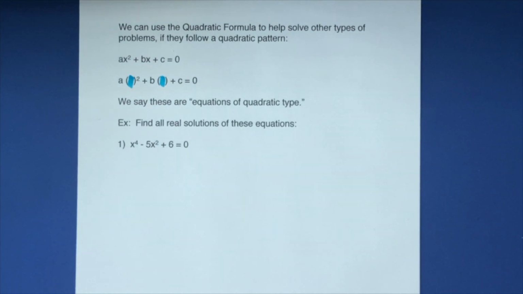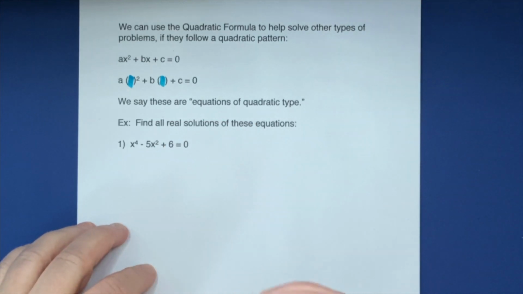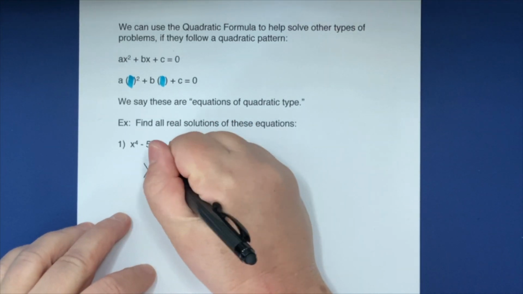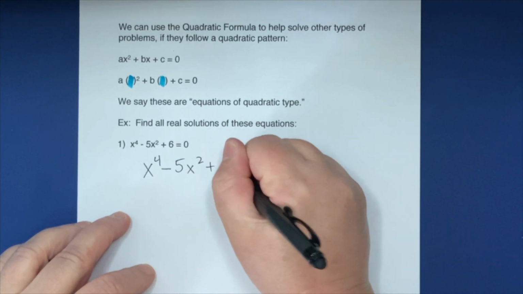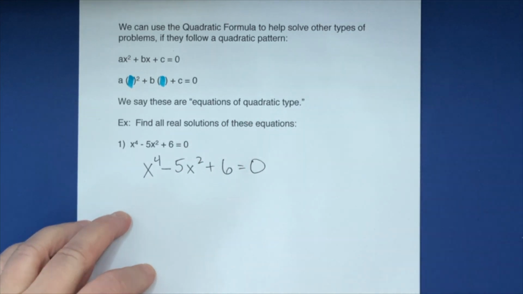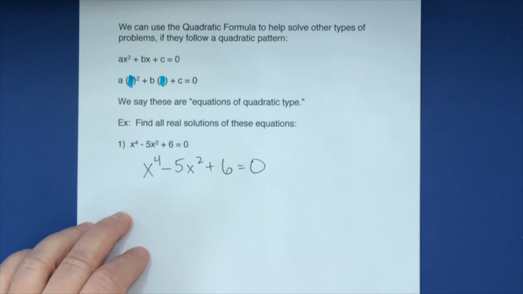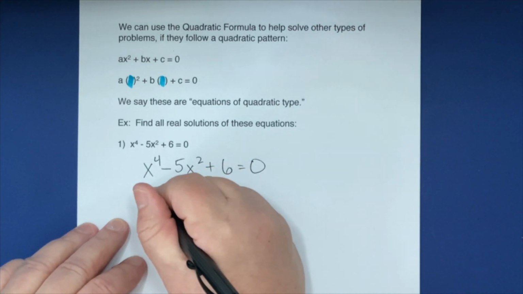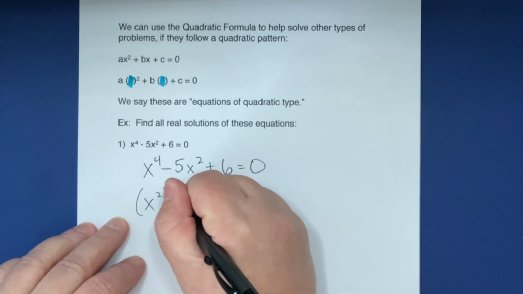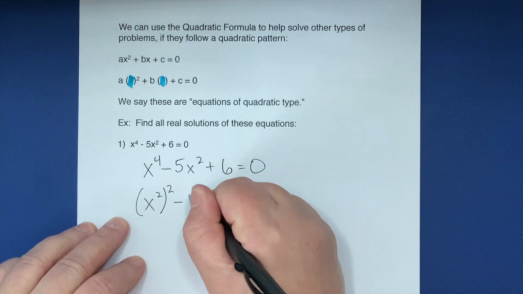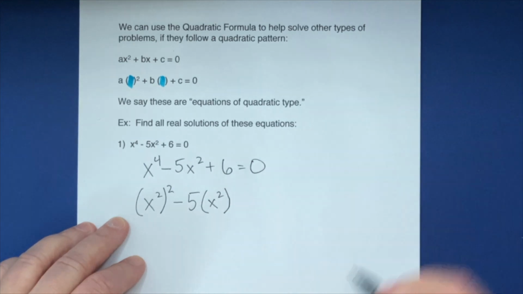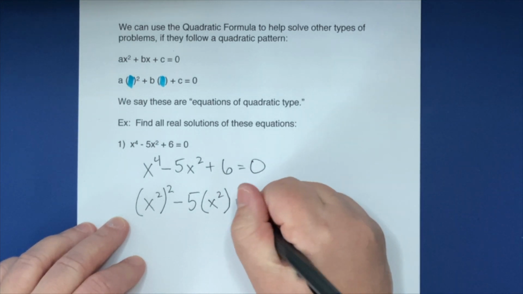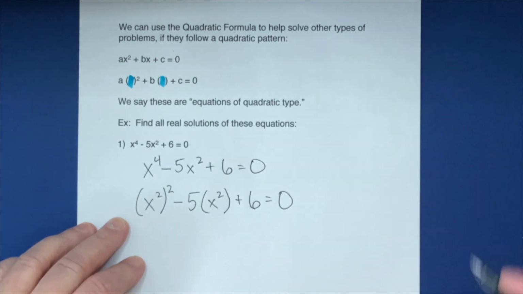So here's the first one. x to the fourth minus 5x squared plus 6 equals 0. So why do I think this is a quadratic type? Well, x to the fourth can be seen as x squared squared, and 5x squared is just 5 times the quantity x squared, and then plus 6 equals 0.